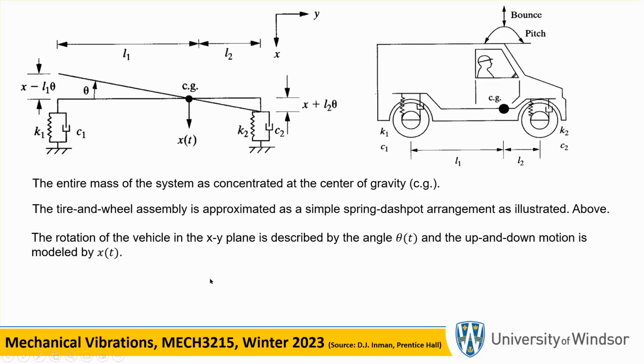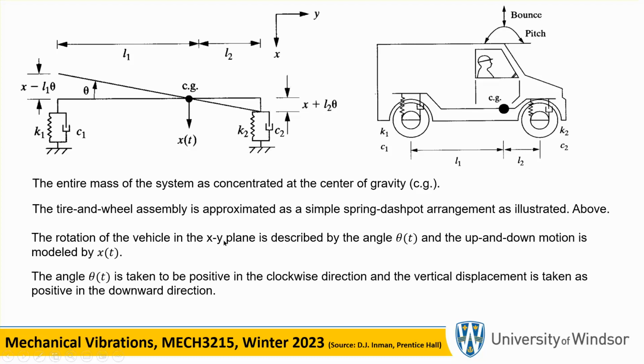So we're assuming small angle oscillations, therefore that length is L2θ and this length is L1θ, etc. So, as I said, the sum of all the forces in the vertical direction, the x direction, equals the mass of the car times acceleration. The sum of all the moments from the different forces equals J of the car about the CG times θ double dot.